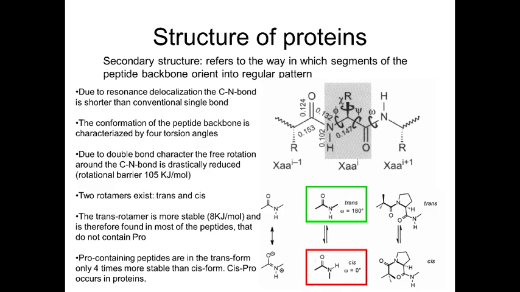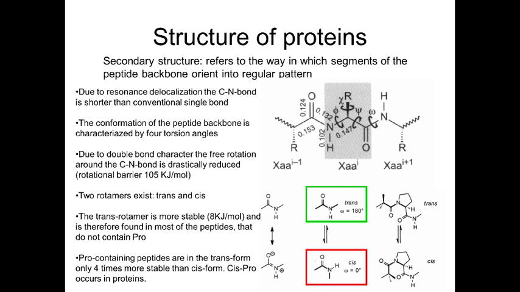Besides having a primary structure, which does not say anything about the three-dimensional conformation of our polypeptide chain, we now need to discuss how the amino acids along this polypeptide backbone can be arranged in three-dimensional space.